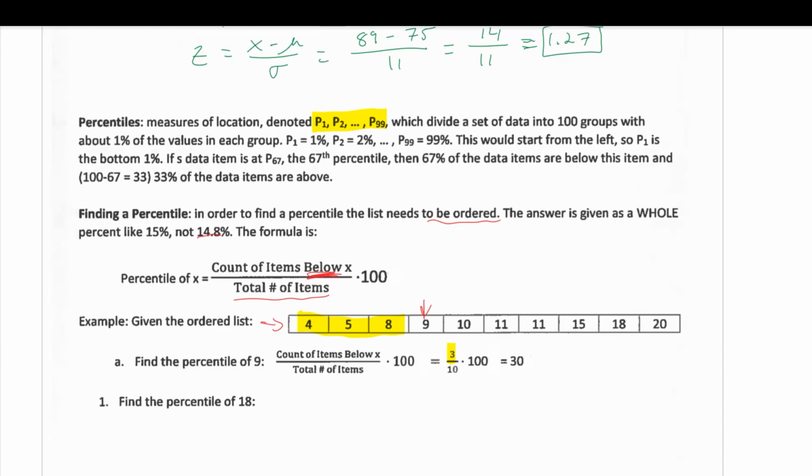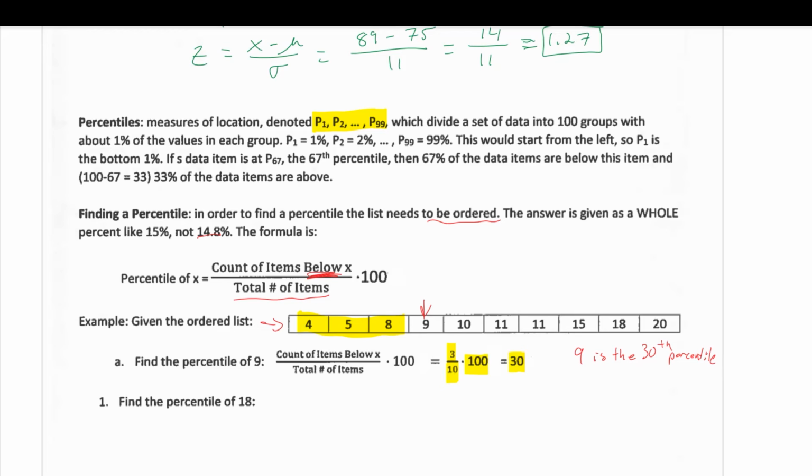And the total number of items here, if we count every value, 1, 2, 3, 4, 5, 6, 7, 8, 9, 10, then you have 10. Okay, 3 divided by 10 is 0.3, and you multiply by 100 in order to get a number between 0 and 100. Okay, so we say that 9 is the 30th percentile.